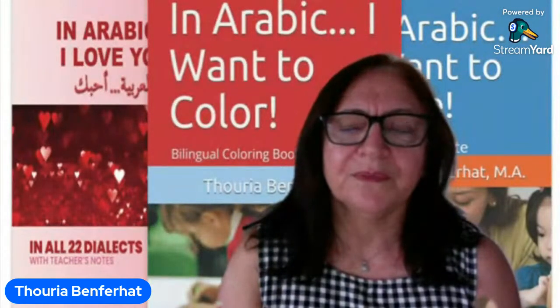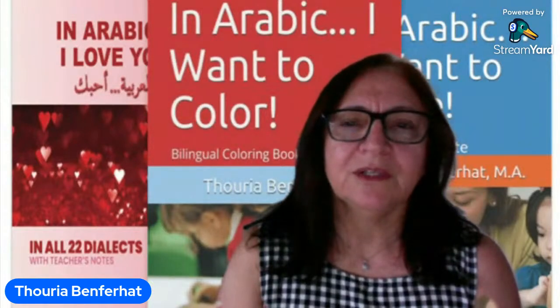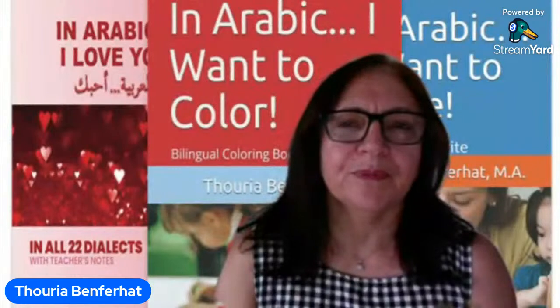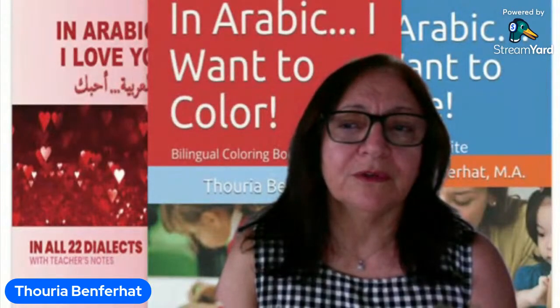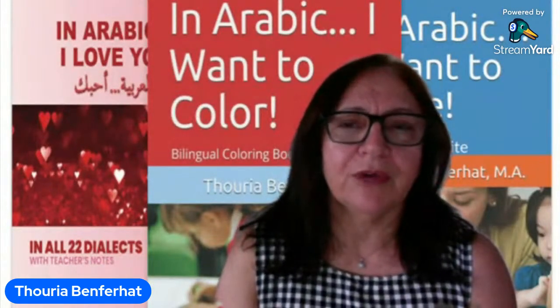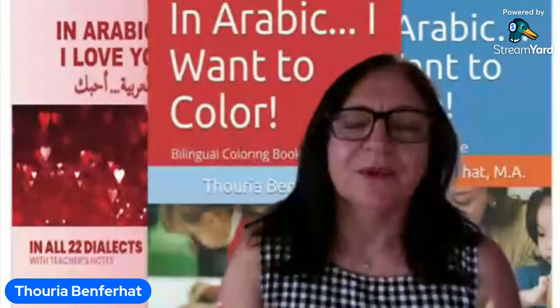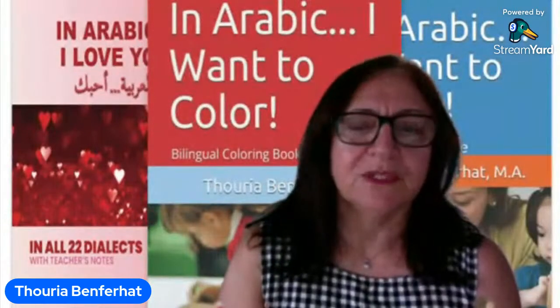And somebody asked about the particularities of Arabic vowels. First of all, the 3 long vowels are in the alphabet. The 3 short vowels are not in the alphabet. They're part of the 14 other symbols that you need to know.